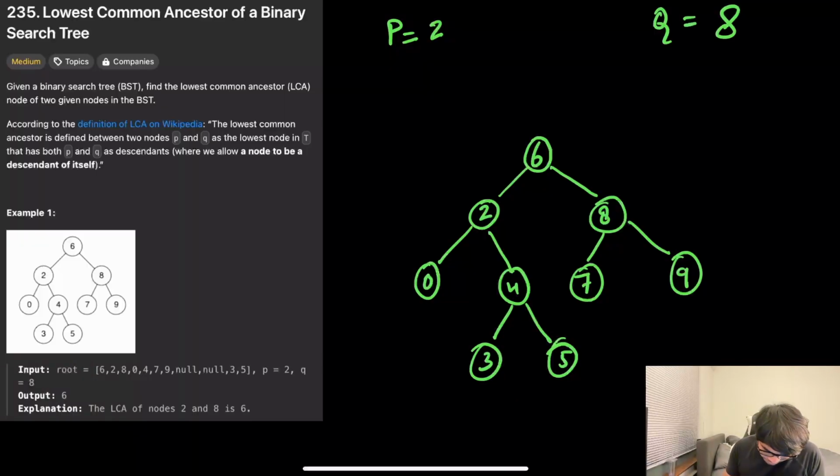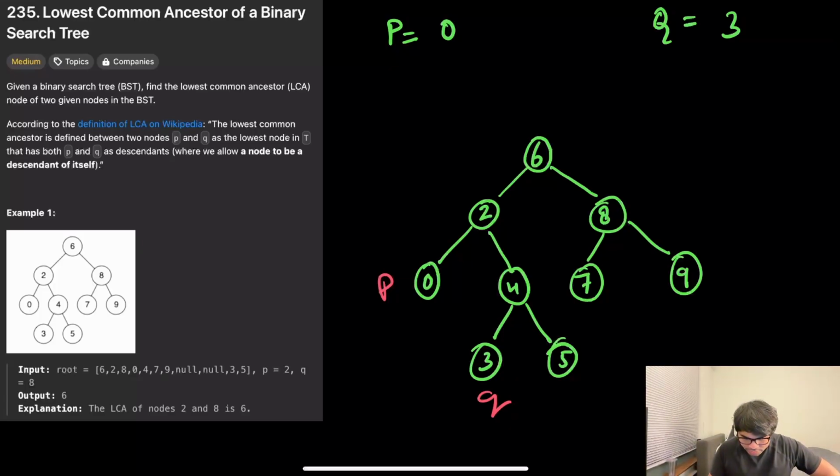Now, what if we had some different values? Let's change both values. Let's say P as 0 and Q as 3, which would be P here and Q here. What do you think their lowest common ancestor would be?